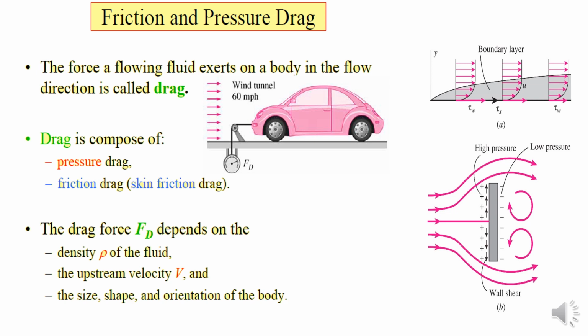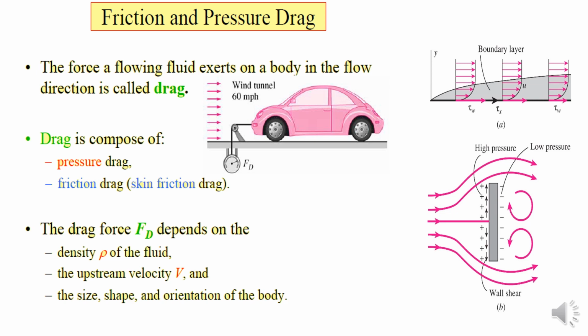So, friction and pressure drag. The force a flowing fluid exerts on a body in the flow direction is called drag. You can see the automobile in a wind tunnel, with wind blowing over it from the front at 60 miles per hour, and there is a gauge suspended to the front of the automobile.